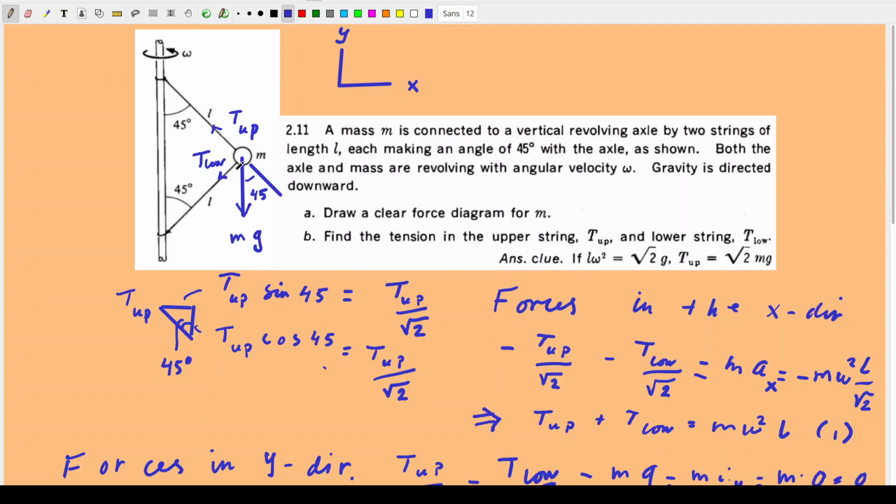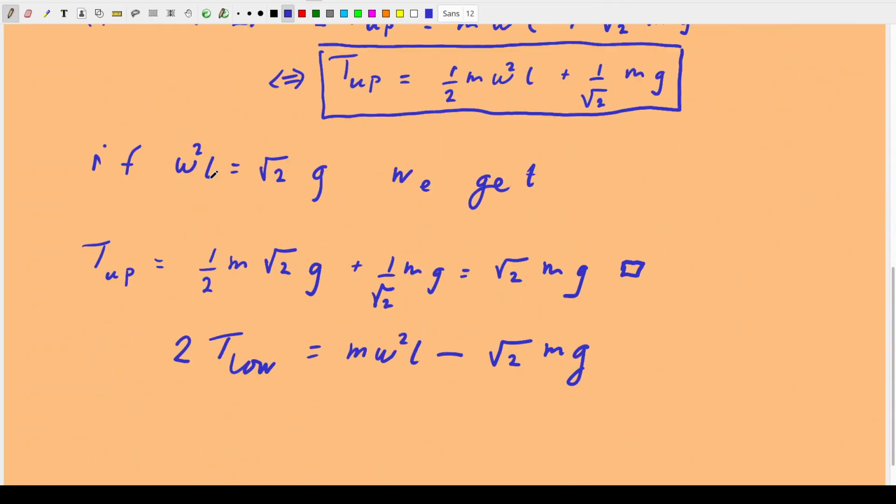Otherwise the system here collapses. So T low equals 0, and what do we get? From this we get omega equal square root 2g over L. So actually omega equals this, or actually larger.